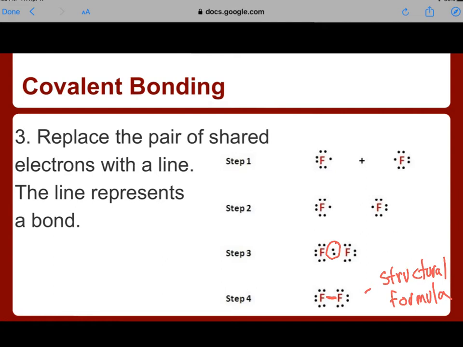Instead of these dots, we replace them with a line to show that there is a bond there. Now, I remember I started with 14 electrons. Do I still have 14 electrons? Let's see, I've got 1, 2, 3, 4, 5, 6, 7, 8, 9, 10, 11, 12, and then the line, the bond, counts for 2 electrons, so 13, 14. So yes, I still maintain my 14 electrons.